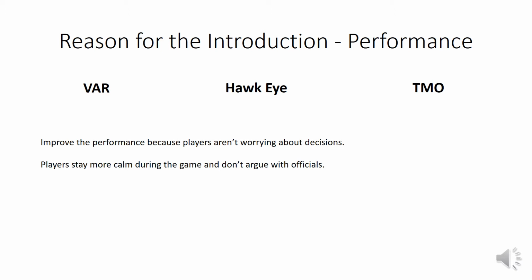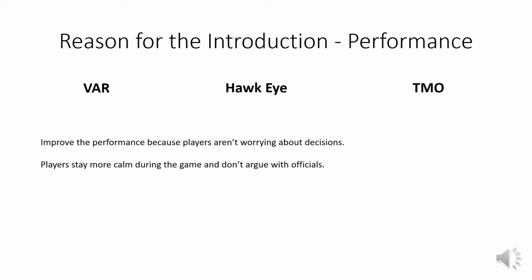Right, reason for the introduction. Now, the reason for the introduction is broken down into performance, gameplay and spectatorship, just like the rest of the course that we've been doing for technology in sports. The first one, just looking at performance. This is a bit of a thin one, but essentially for all of these, it improves the performance of players because players aren't worried about decisions. Players stay more calm during the game and don't argue with officials.